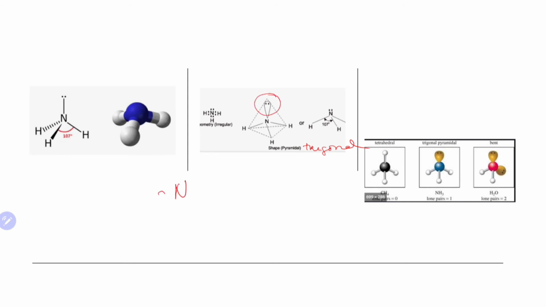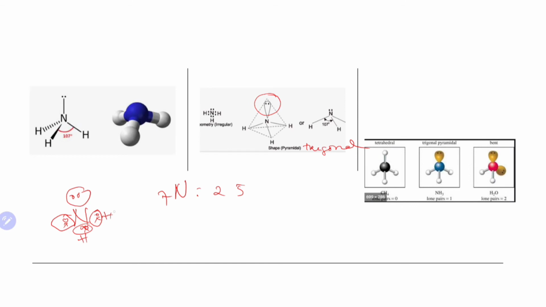N is number 7, so the configuration is 2 and 5. The dot cross of nitrogen, 5 will join with 3 hydrogen, because hydrogen provides only 1 electron. So one nitrogen atom will need 3 hydrogen atoms. So there are 3 bond pairs between N and H and 1 lone pair.